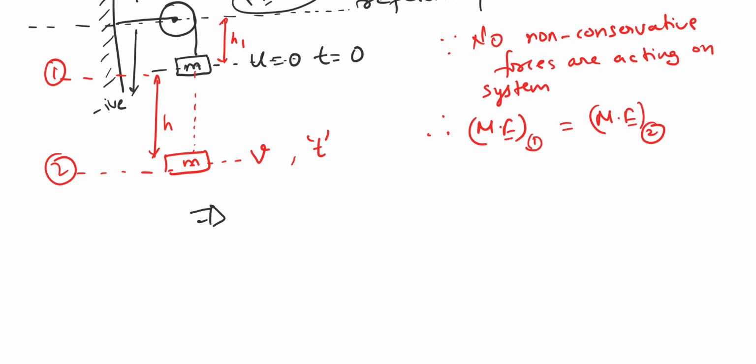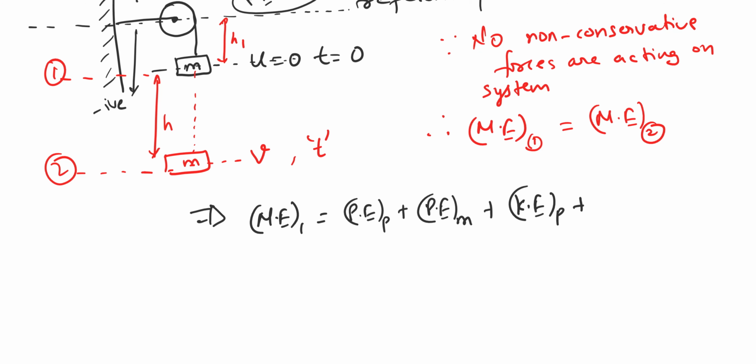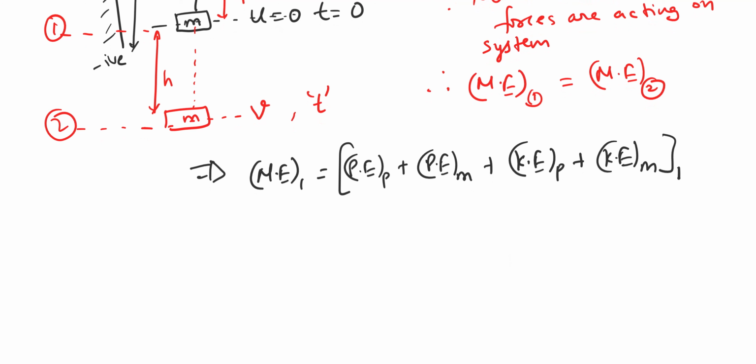Mechanical energy of the system at 1 would be the potential energy of the pulley plus potential energy of mass m plus kinetic energy of the pulley plus kinetic energy of mass m. This is all happening at case 1. The potential energy of the pulley is 0, since it is at the reference line.